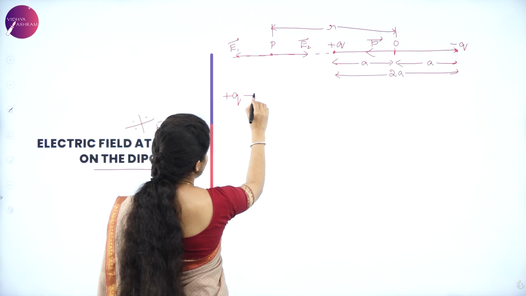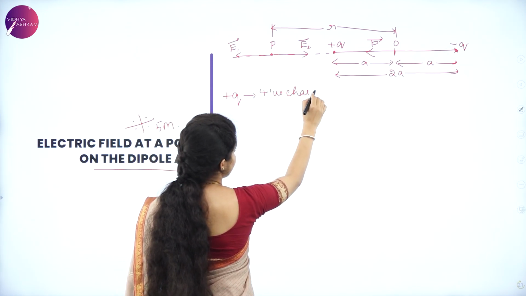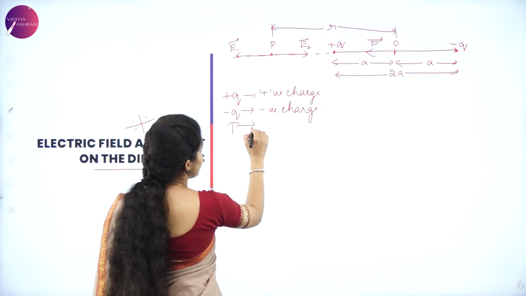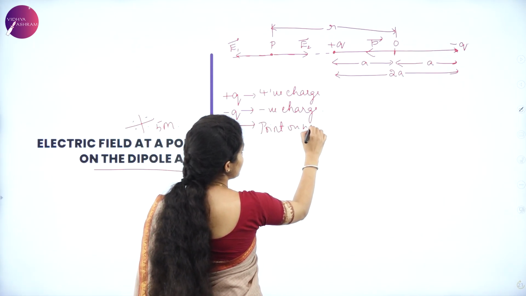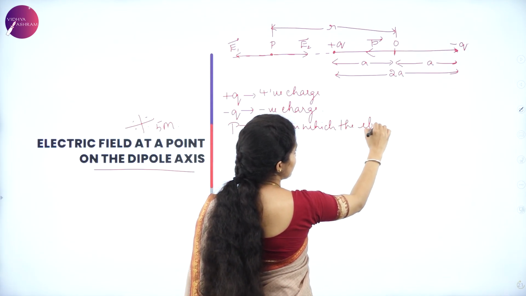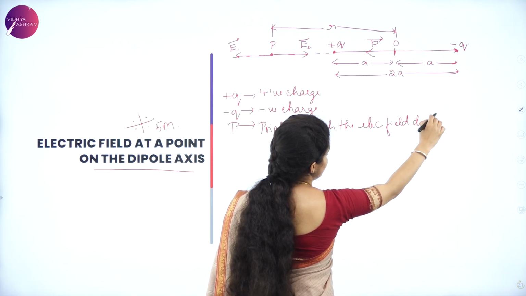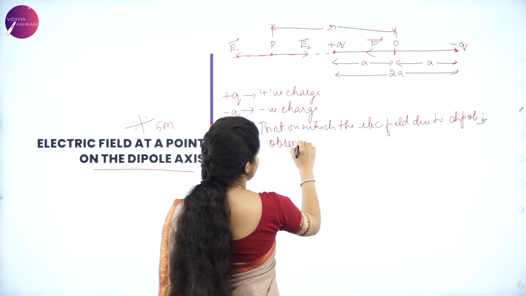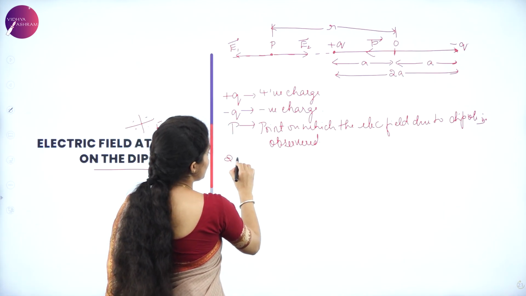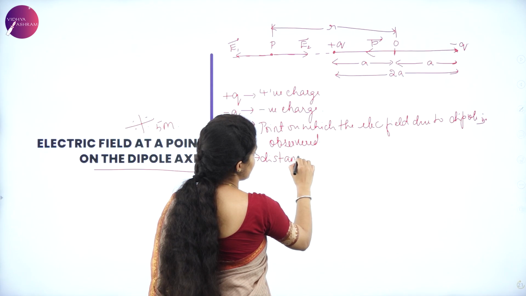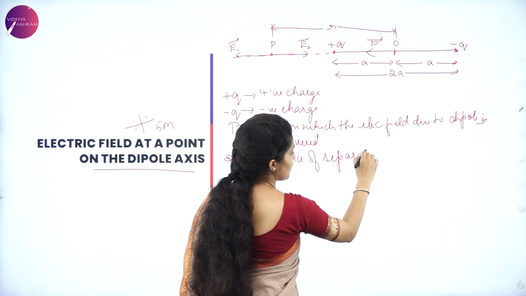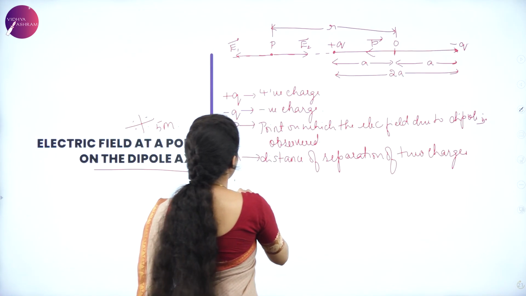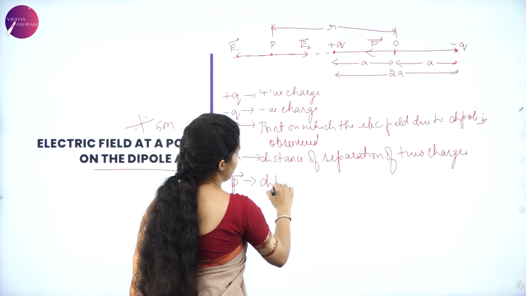Plus Q is the positive charge, minus Q is the negative charge, P is a point on which the electric field due to the dipole is observed, and 2A is the distance of separation of the two charges. And vector P is the dipole moment.